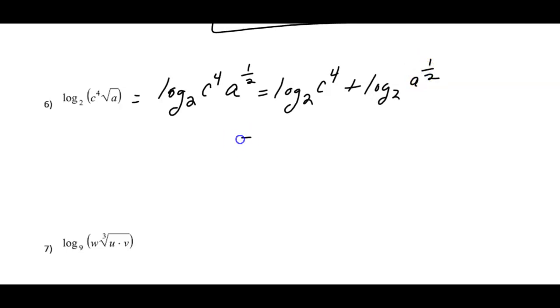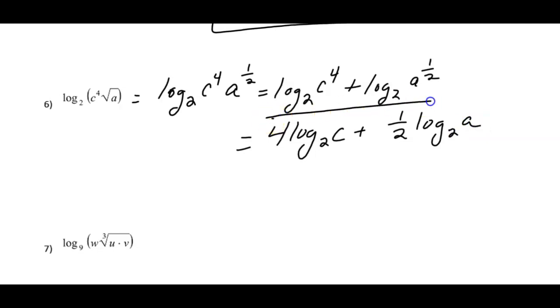And then the fully expanded version, you want to bring those exponents out front. For log base 2 of c plus 1/2 log base 2 of a. So anytime you have a radical, just make sure you change it so you have a rational exponent, and then you can work with it.